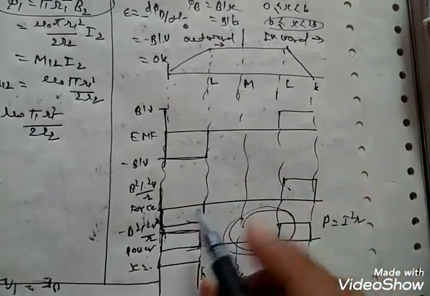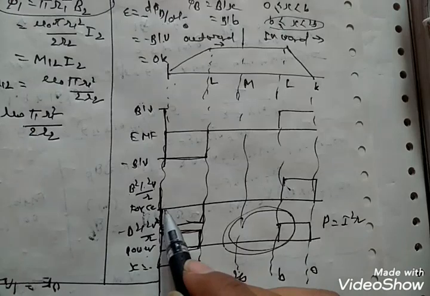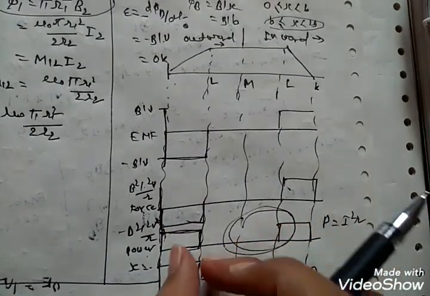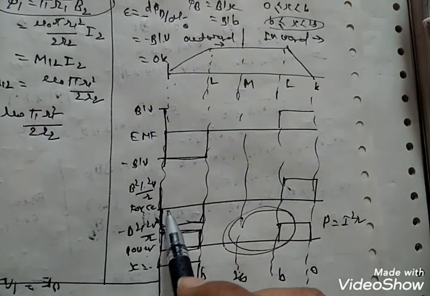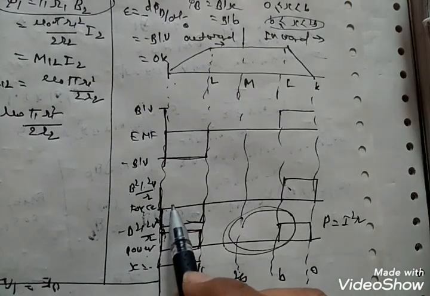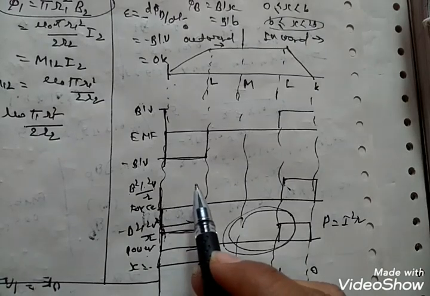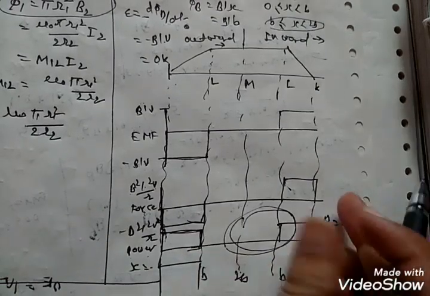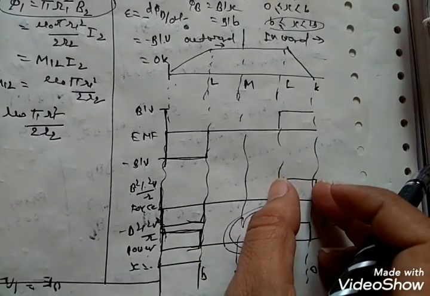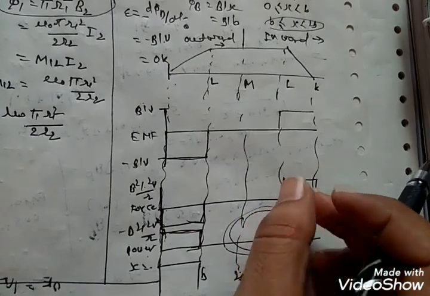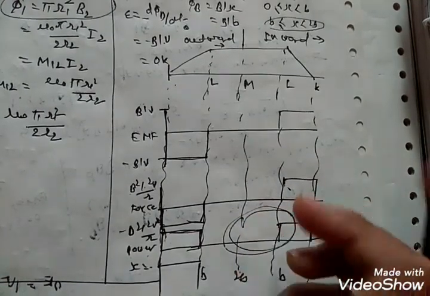Now the force in this case is B square L square v upon R between 0 to b, on the left side, and between b and 2b it is 0.